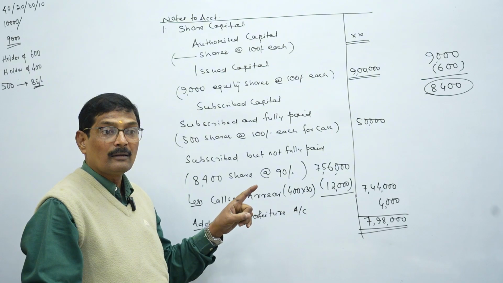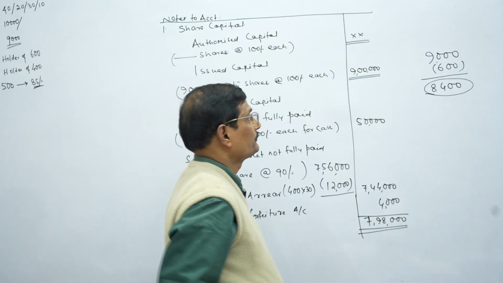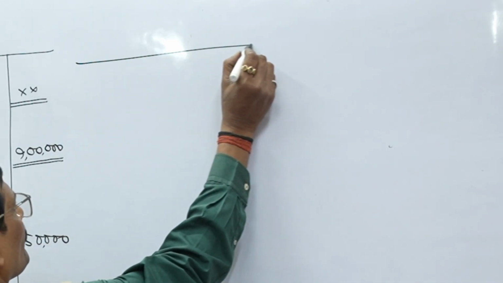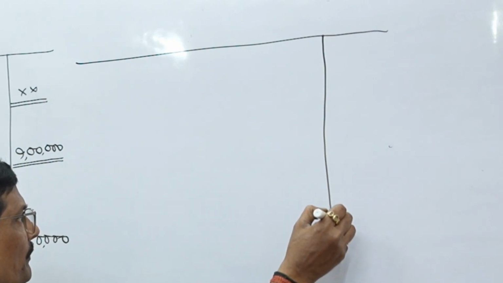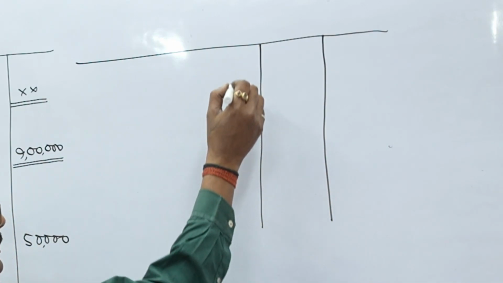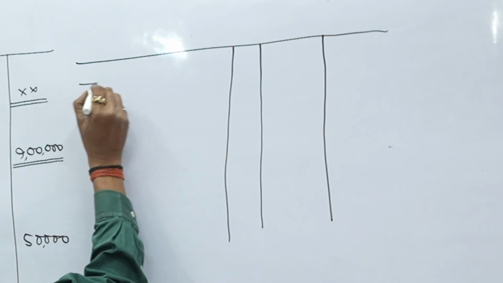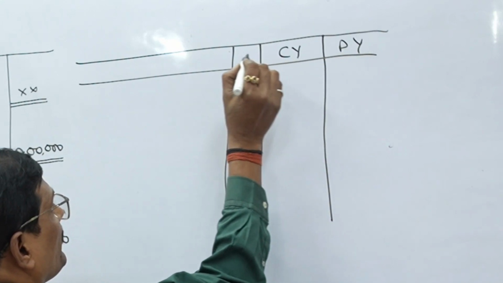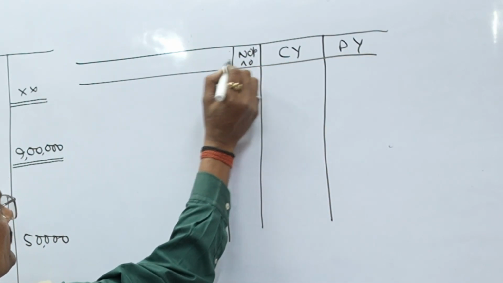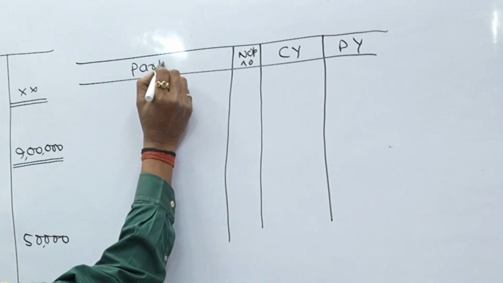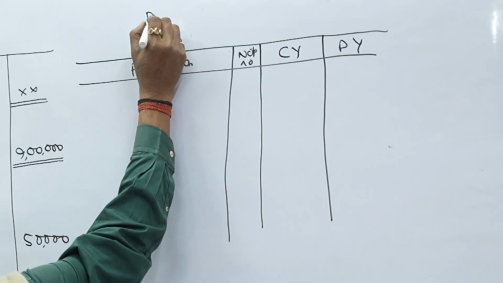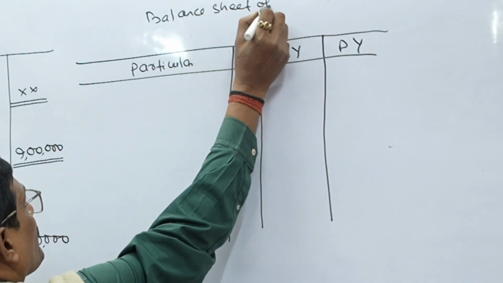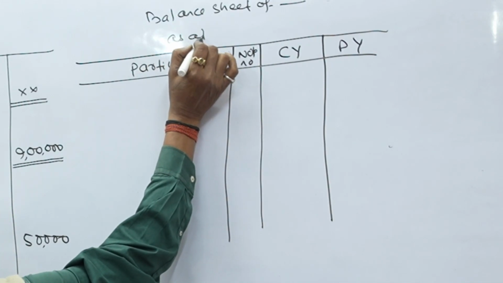Thereafter, we have to prepare the balance sheet. This is current year, previous year, note number, particulars. Balance sheet of the company as at.